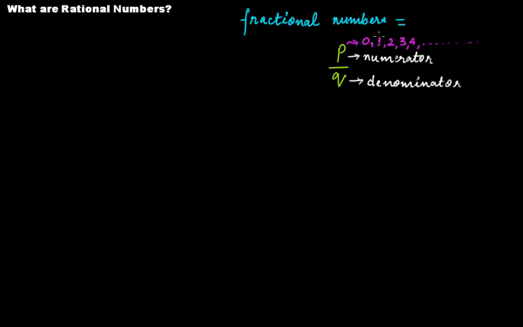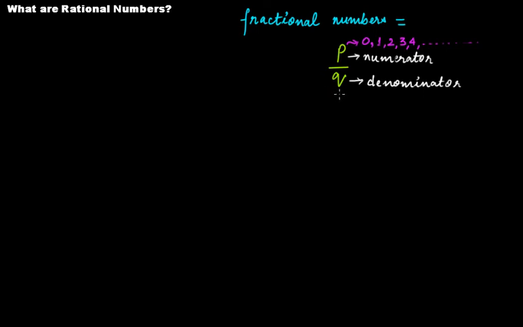Beginning from 0, it can be 1, 2, 3, 4, 5, 6, 7, and so on. Doesn't matter what number it is, but the condition is it should be a positive number or the integer 0, because 0 is neither positive nor negative. It's simply 0.